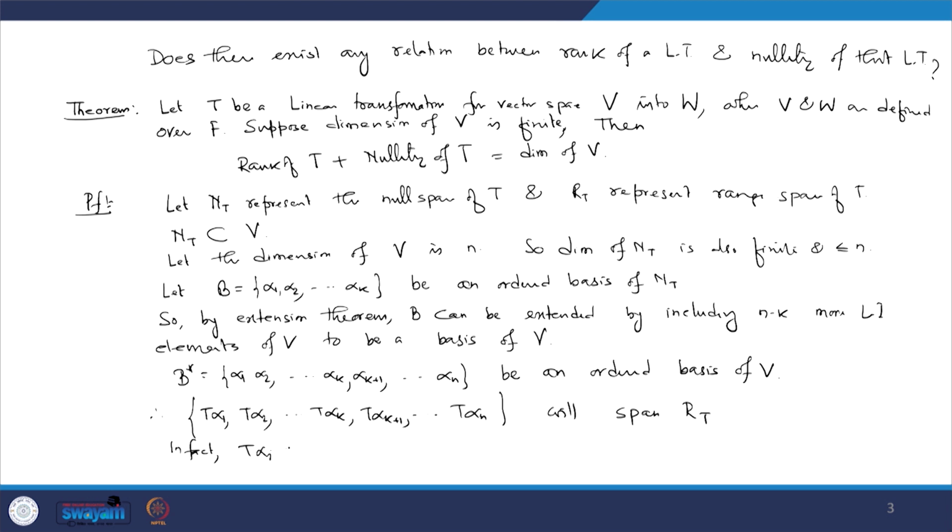In fact, T alpha i equal to 0 for i equal to 1 to k, since alpha 1 to alpha k are in the null space N(T). So, according to the definition, T alpha i equal to 0, i equal to 1 to k.